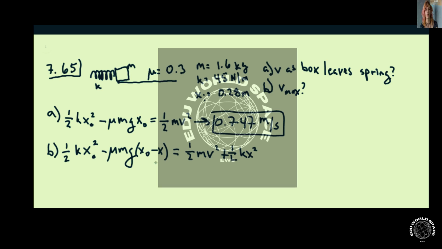X decreases as the box moves because x is the amount of compression of the spring. So when it clears the spring, it will have done all of this work, which increases linearly up to that point. And similarly, the spring energy goes down to 0 as the spring expands.